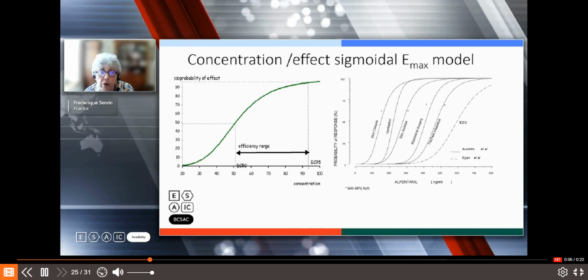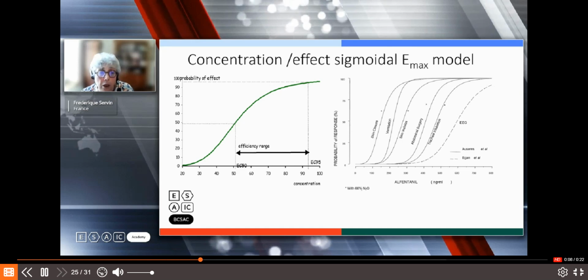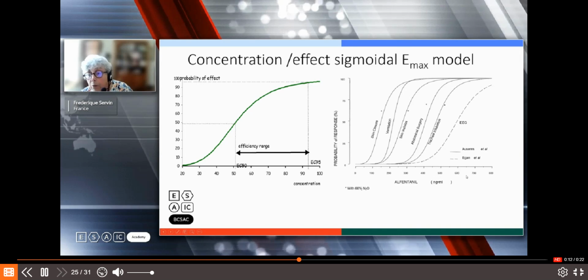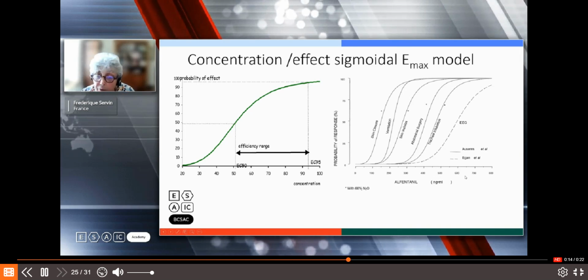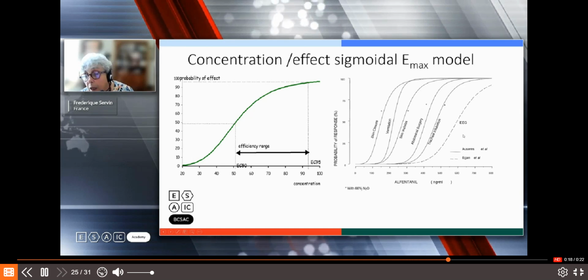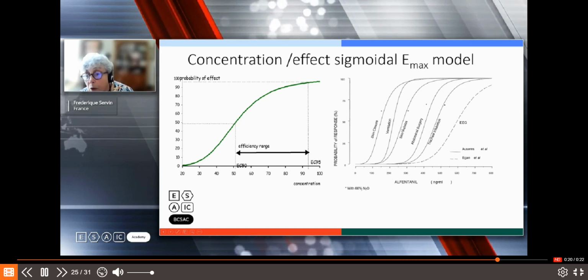A few words on hypnotic opioid interaction. The concentration effect sigmoidal Emax model, which you know very well. And here, for example, for alfentanil, you can see that the sigmoid is not the same for different stimuli.